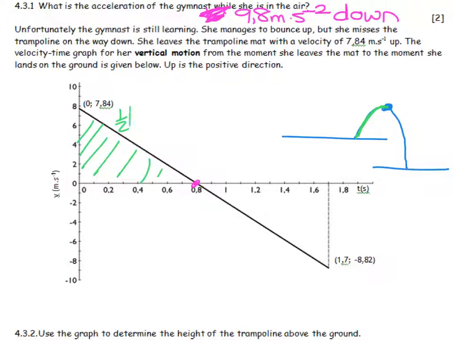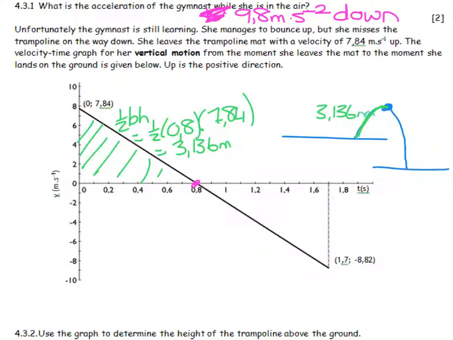So it's half base times height, which is going to be equal to a half times 0,8 times the height, which is 7,84. That is equal to 3,136 meters. On the way down, she does this.